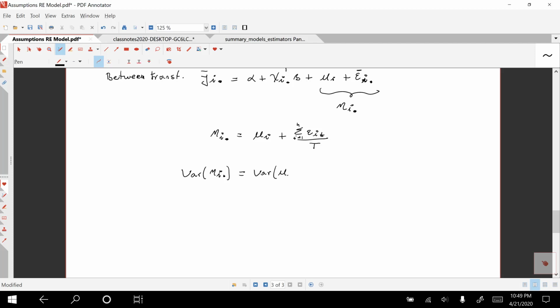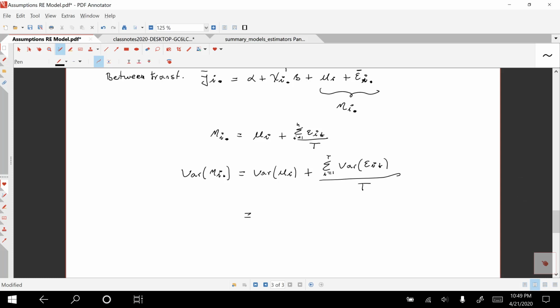Here, once again, we make use of the property that all those errors are uncorrelated. So due to that, the variance of the sum of all those errors is just the sum of the variances. There are no covariances, so that makes our life pretty easy.